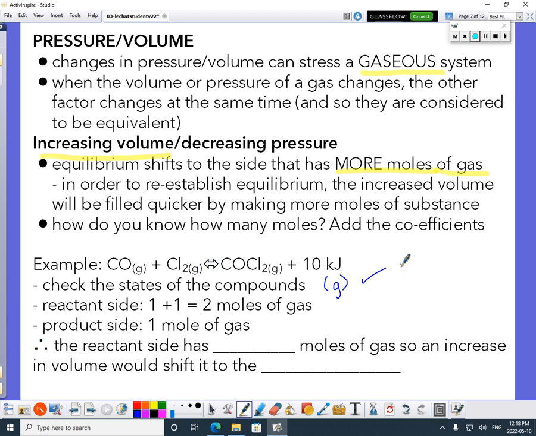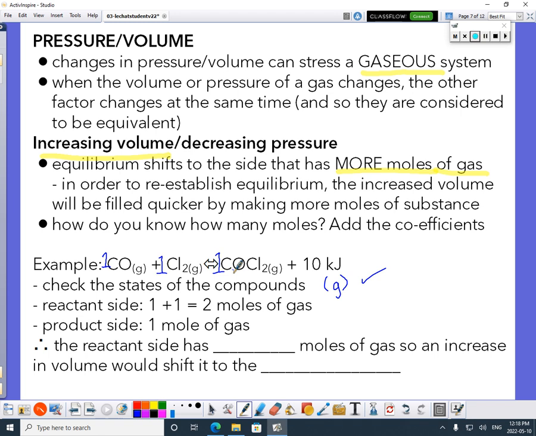How do you find how many moles of gas there are? You add the coefficients. For your notes, if you would like to emphasize, even though we don't usually write the 1, you can write them in if you like. Reactant side, 1 plus 1 is 2 moles of gas.